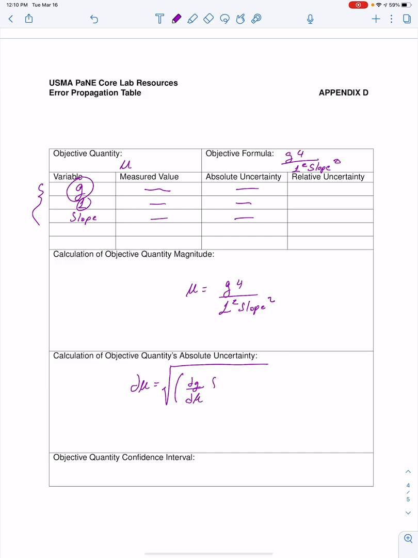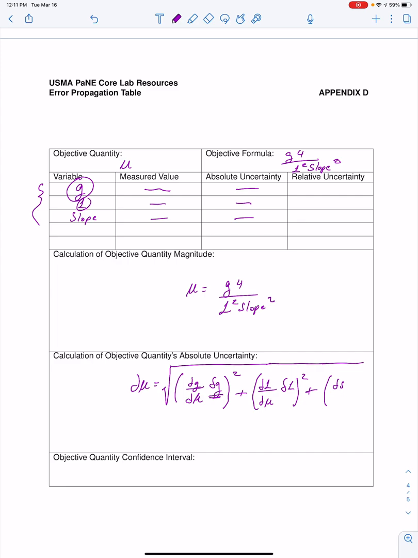So this signifies absolute uncertainty for gravity, acceleration due to gravity, plus you also need the absolute uncertainty for your length. So make sure that you calculate that, or not calculate it, but measure that. And finally, you need the absolute uncertainty for your slope.